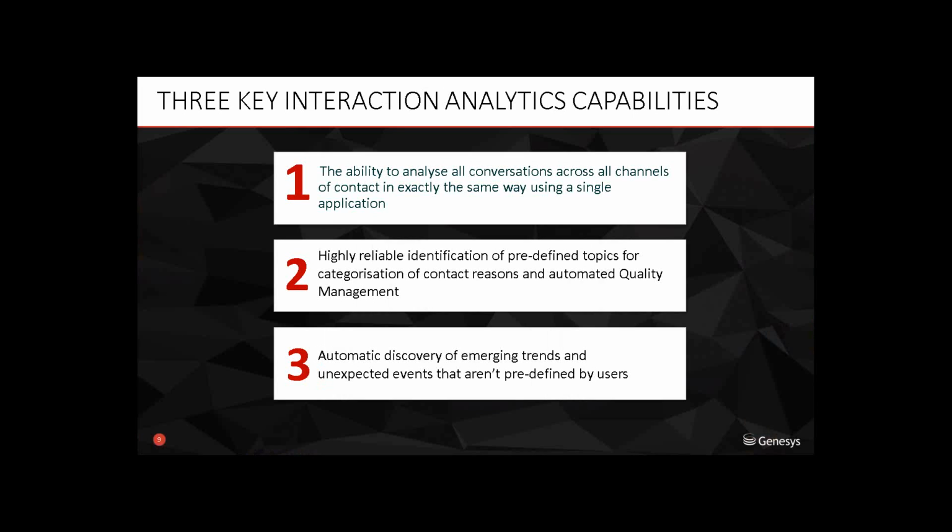So your business users won't necessarily know everything to expect, and everything to search for. So you need to have a solution that will automatically discover those types of unexpected events and trends that are emerging without your users telling the solution to search for that event or trend.